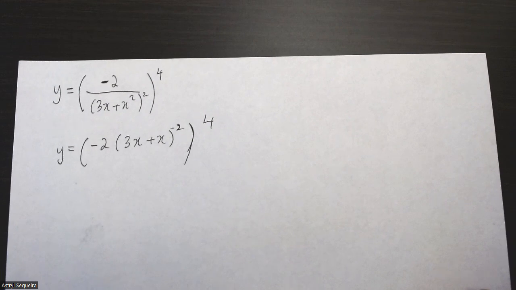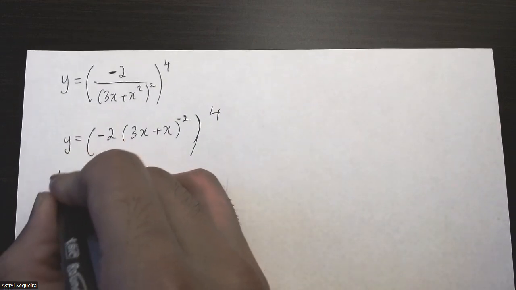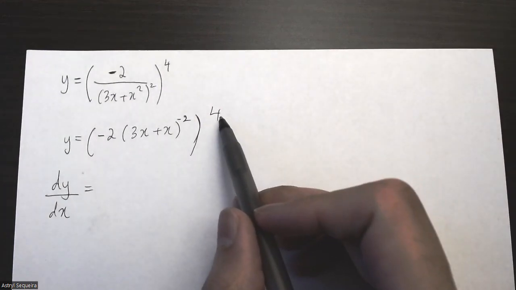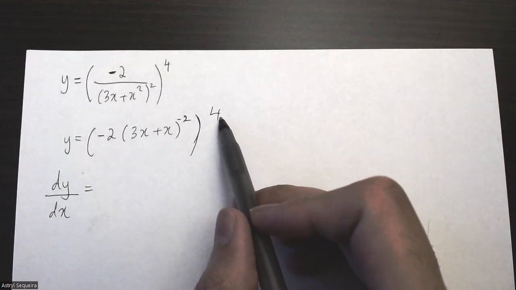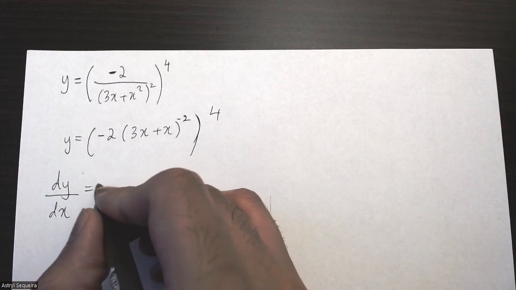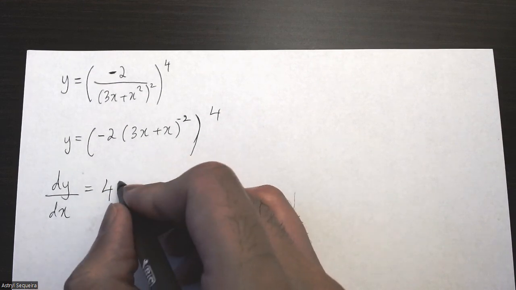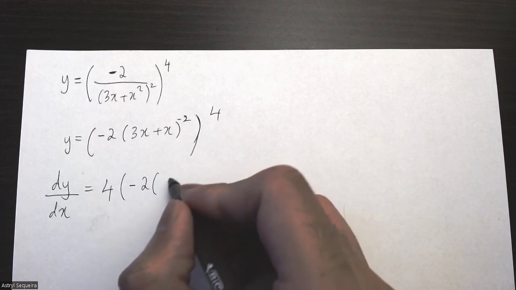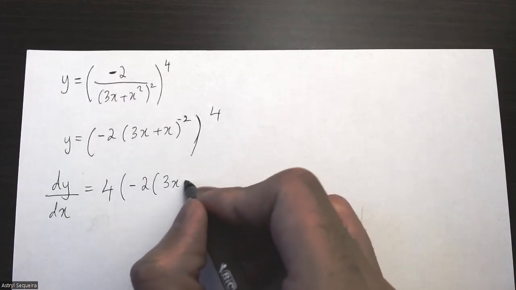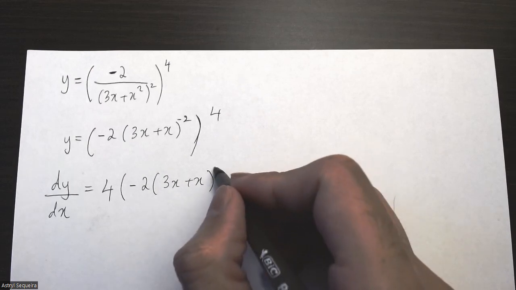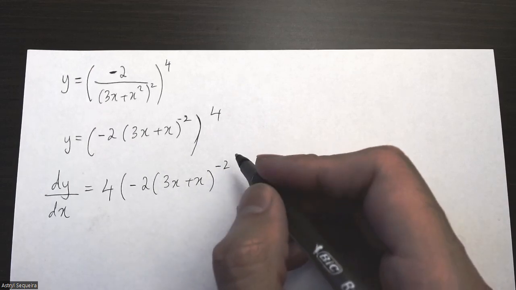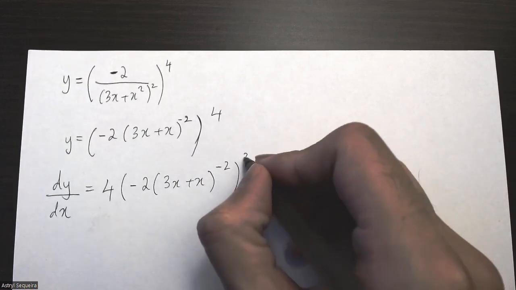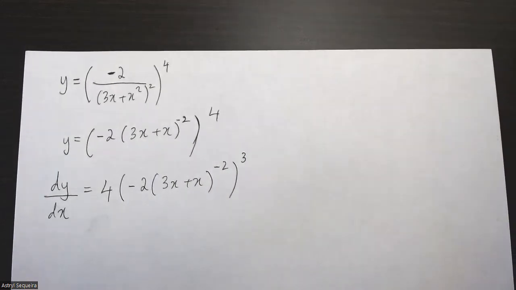This is going to be a double chain rule. So let's start with our derivation. The first thing you want to derive is the outside always, which is this exponent to the 4. I'm going to bring this 4 down. I'm going to write the exact same thing inside the bracket, and then subtract 1 from my exponent, so my exponent becomes 3.